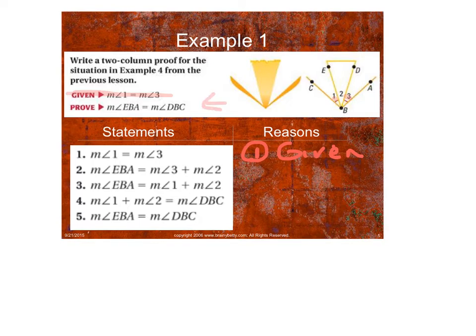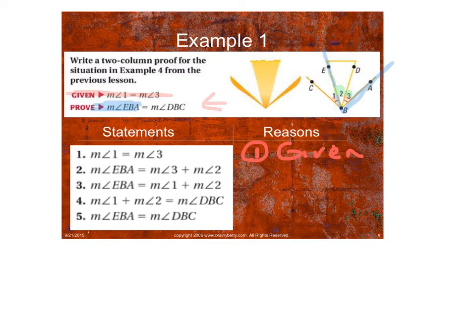They've taken the left side, the angle EBA, and they're showing you how it's made up. If I go over to my picture and highlight EBA, I can see that it's made up of adding angle 2 plus angle 3.